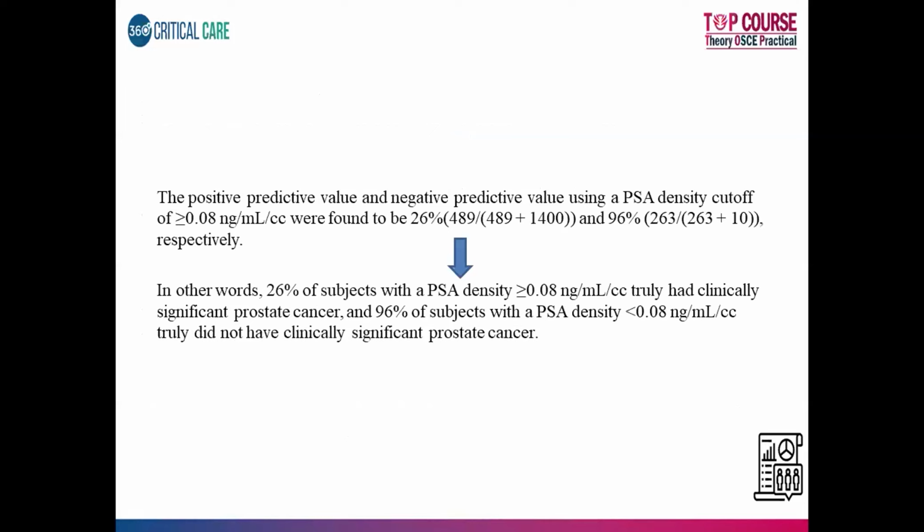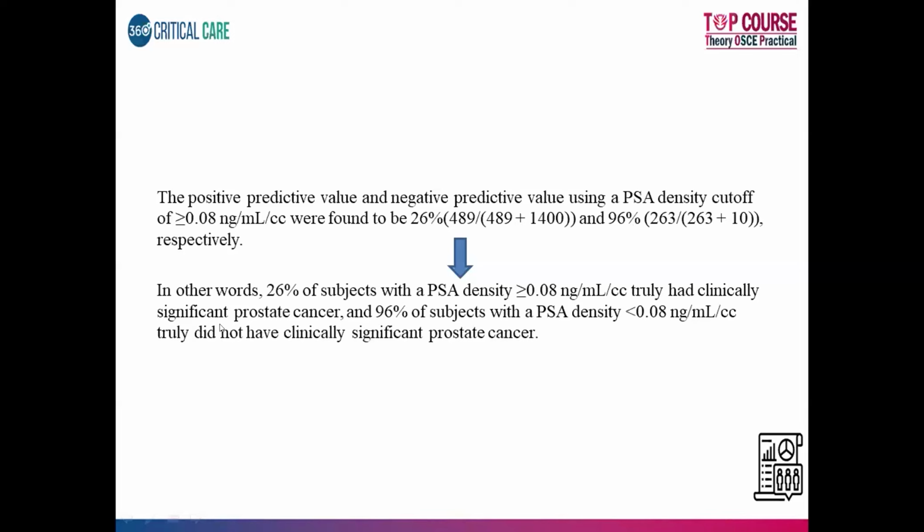Now coming to the positive predictive value and negative predictive value. The formula we already know. If you calculate it, the positive predictive value comes to 26% and the negative predictive value is 96%.